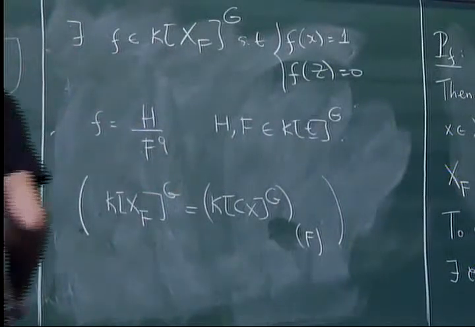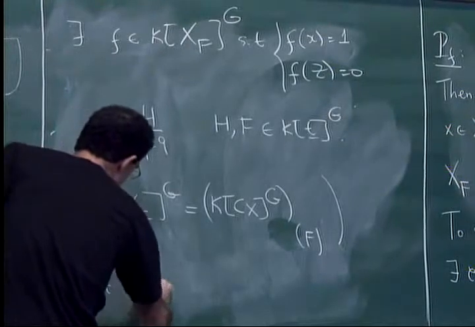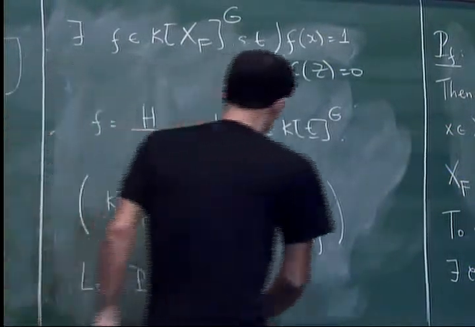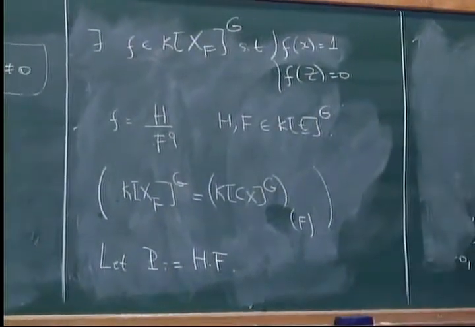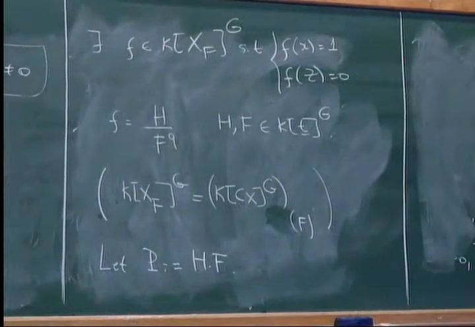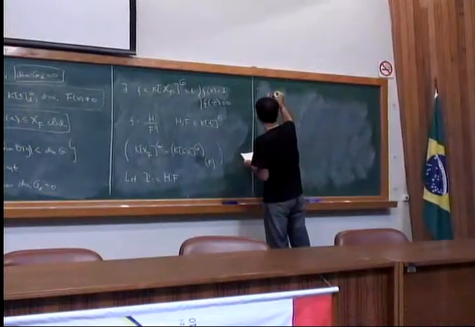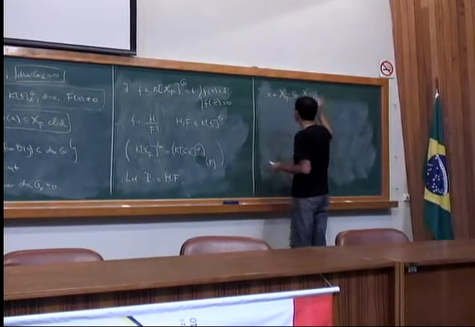Okay. But then what we do, we let P be h times f. So we're going to look now at a smaller open subset where P is non-zero. And you see that X is in XP inside XF, right?